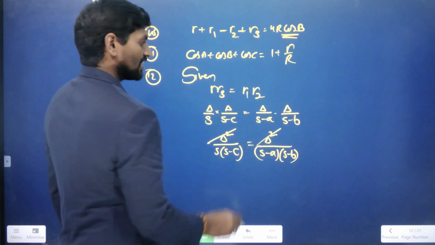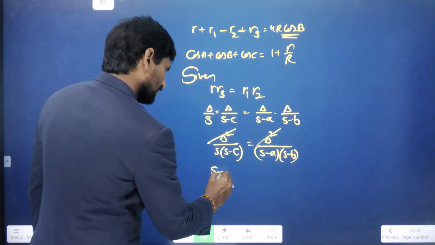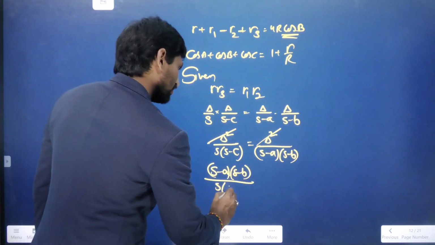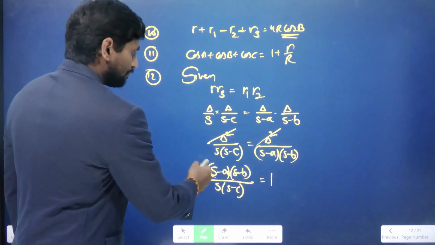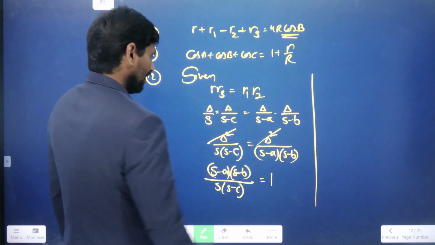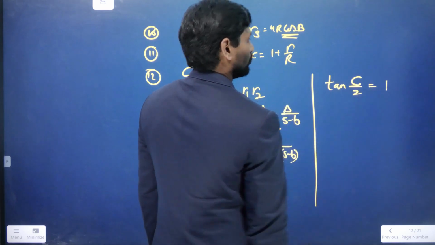So both sides delta square can be cancelled. These two if you transpose to numerator, s minus a into s minus b by s into s minus c is equal to 1. So you can directly apply the formula, tan half formulas, that is tan C by 2. So tan C by 2 is equals to 1.